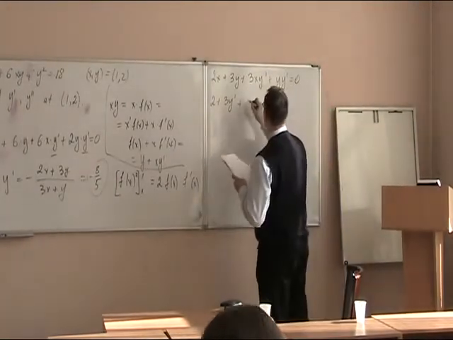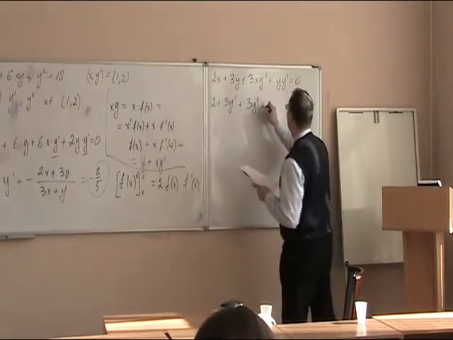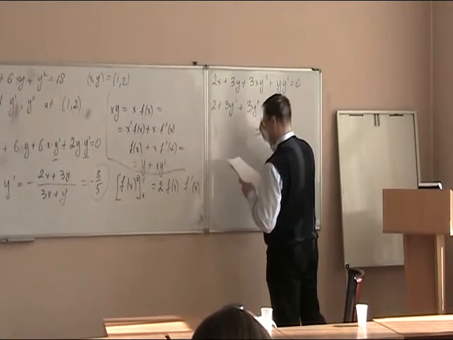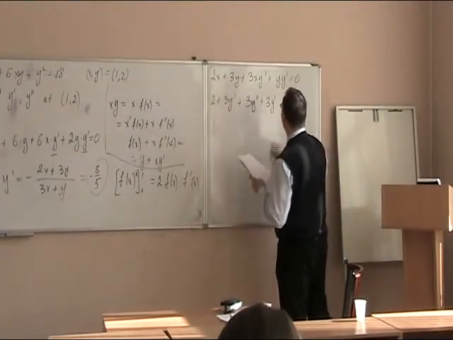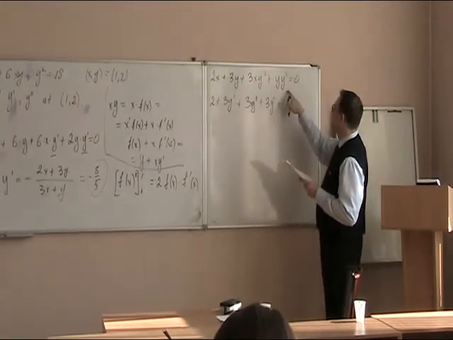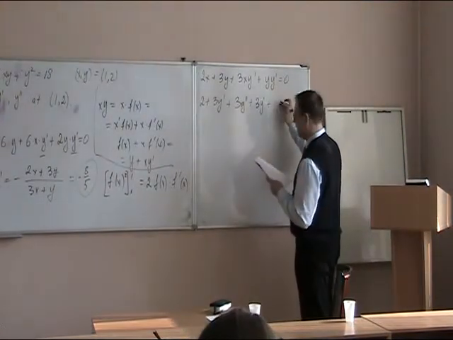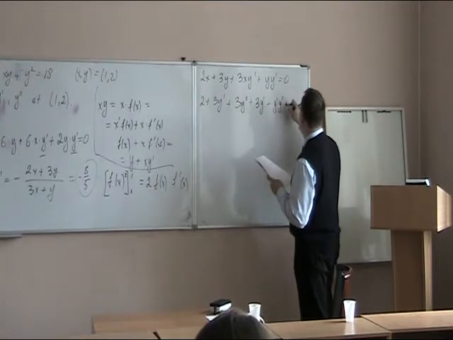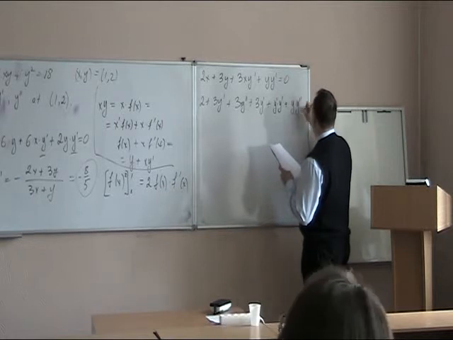This is going to be 3y double prime plus 3x double prime plus 3y prime, plus both of these are functions of x. So this one is going to be y prime times y prime plus y times y double prime.